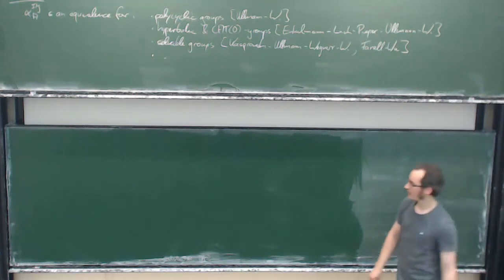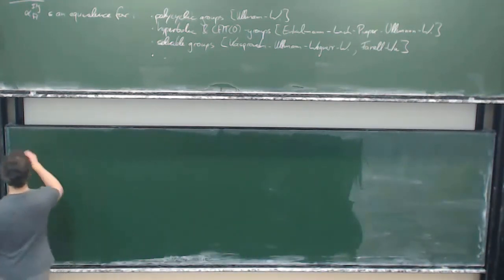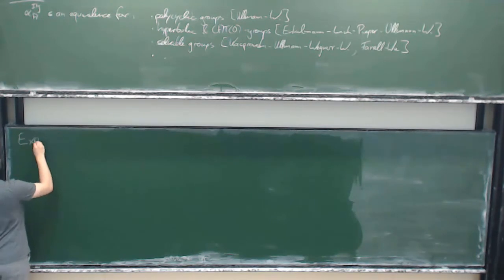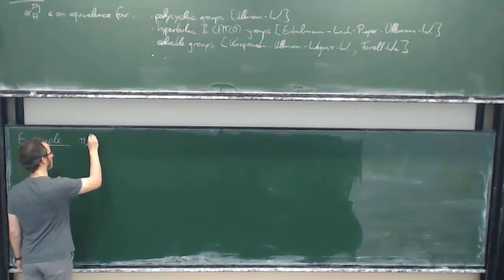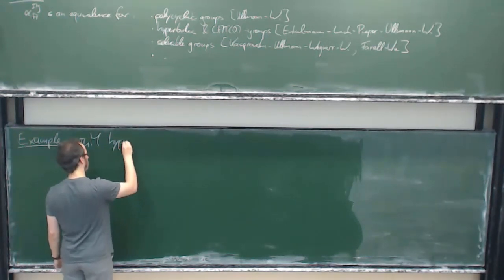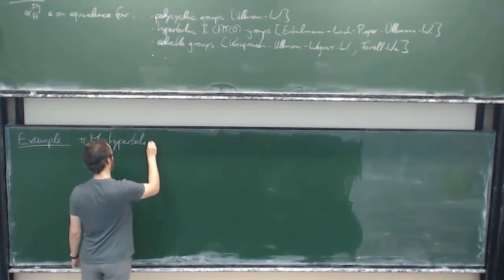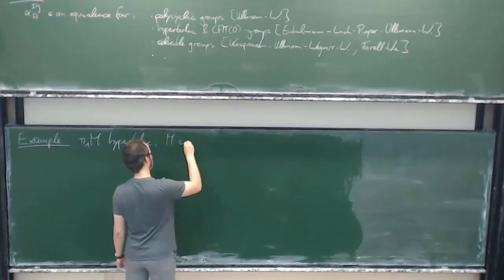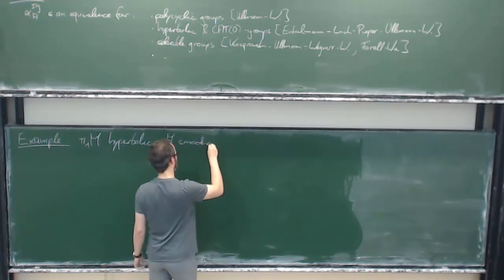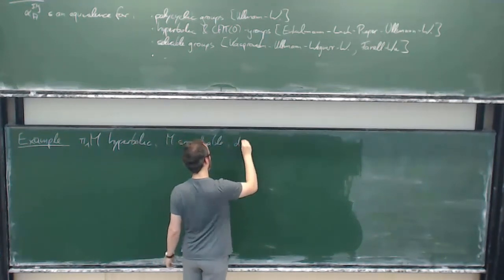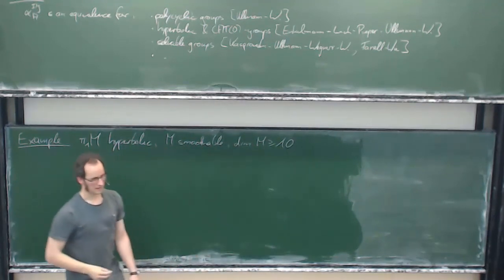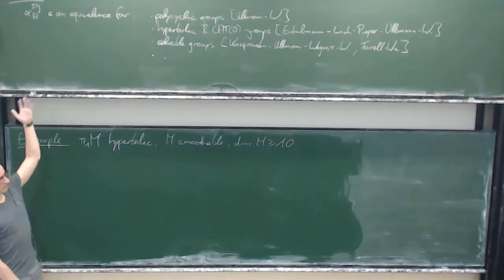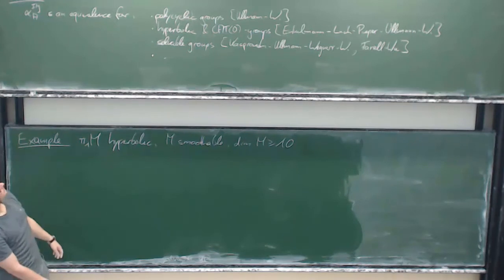So let's take the example where the fundamental group is hyperbolic. And let's also assume that our manifold is smoothable, because then we know that if the dimension of our manifold is at least 10, then 0 is in the connectivity range of the map I have just erased.